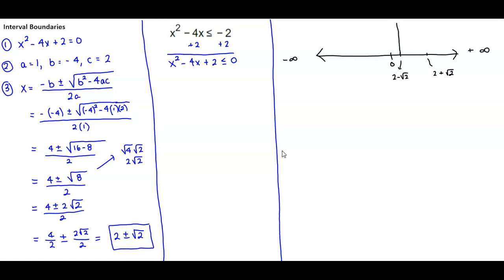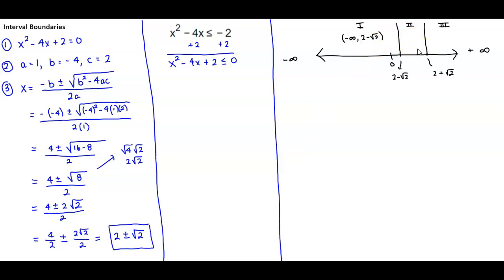So therefore, here are our interval boundaries. We have interval 1, interval 2, interval 3. So for interval 1, we're going from -infinity to 2 minus the square root of 2. Interval 2, let me see if I can write that a little bit better with a little bit more room.